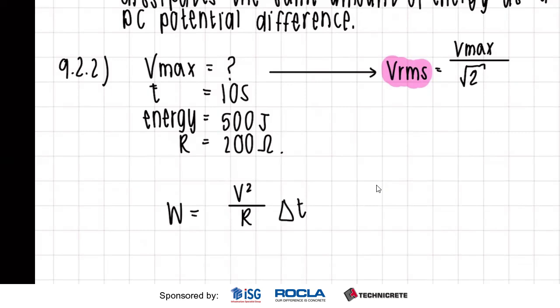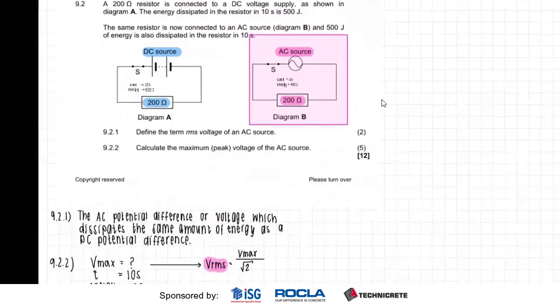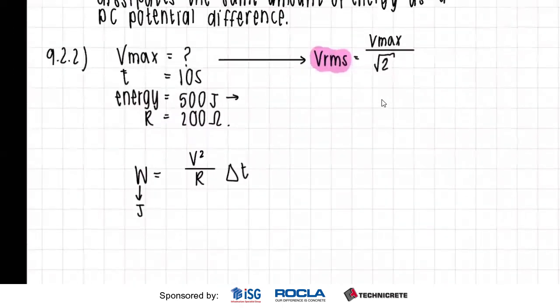Okay, and we know that work is measured in joules, energy is measured in joules. So the energy dissipated in the resistor is the same as the work that is done in the resistor because work and energy are both measured in joules.